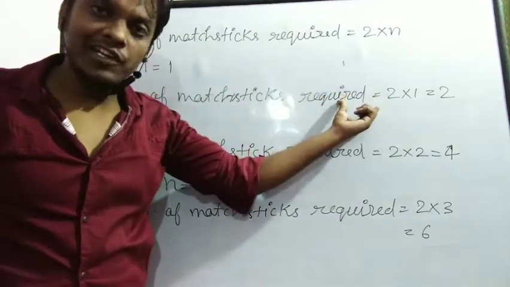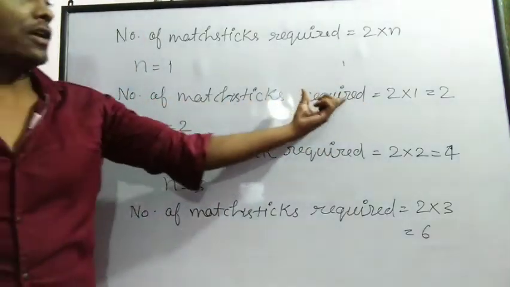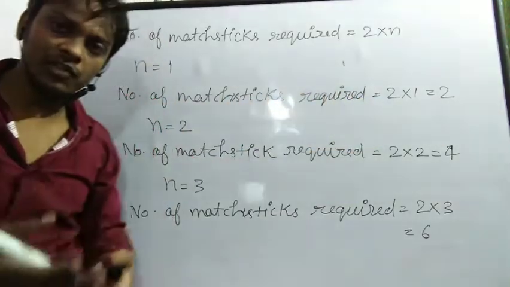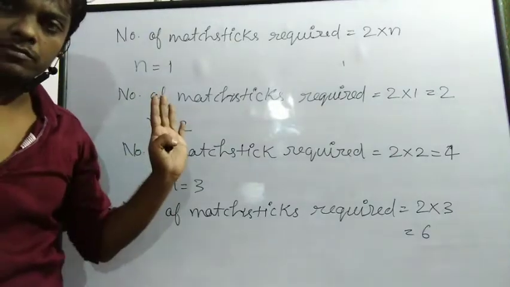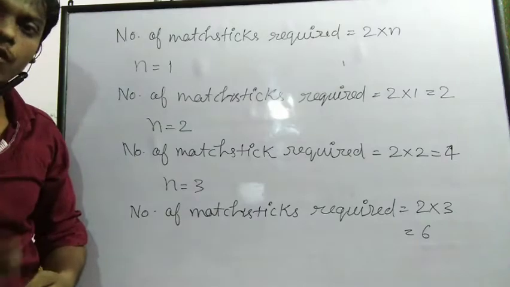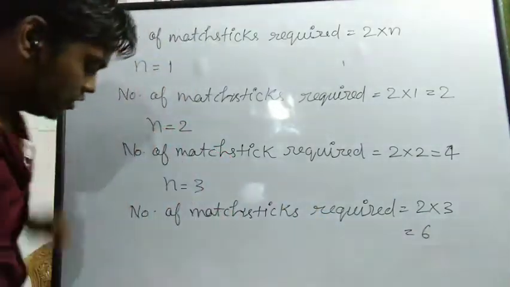we can easily find out the number of matchsticks required for 1 L, 2 L, 3 L, 4 L, 50 L, 100 L, 200 L, any number you can take for L formation. So this is the 6. You don't believe me?